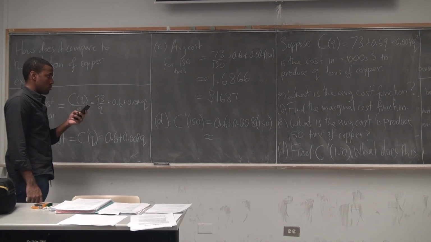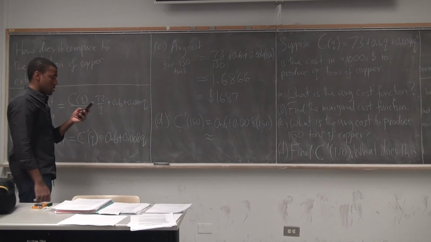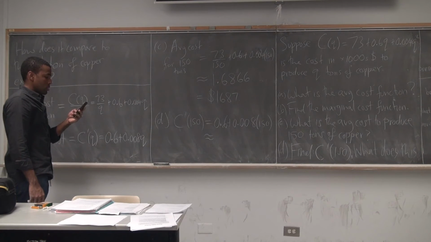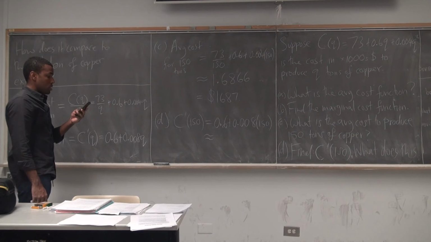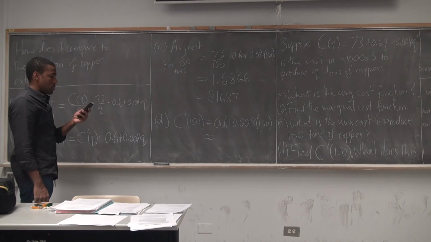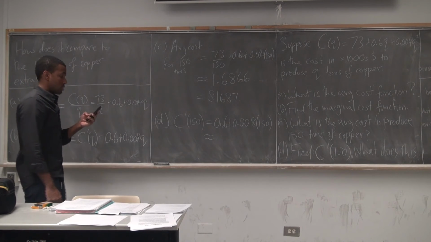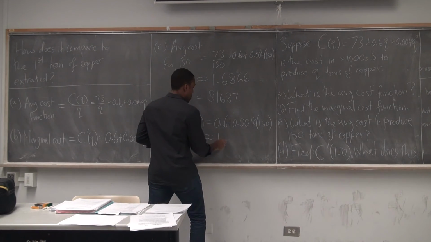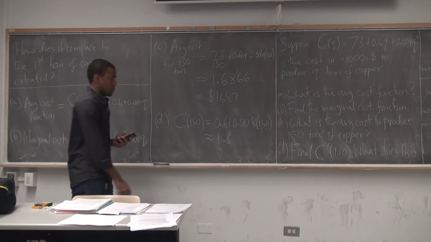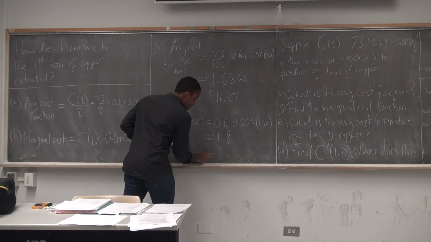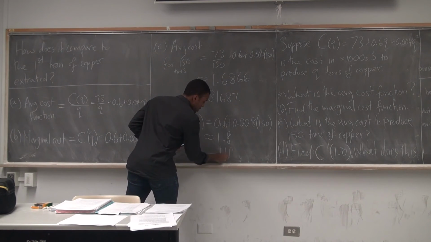Yeah, or I'll give you something nicer on the test, either way. So 0.008 times 150, here I get 1.8, which is kind of equivalent to $1,800.